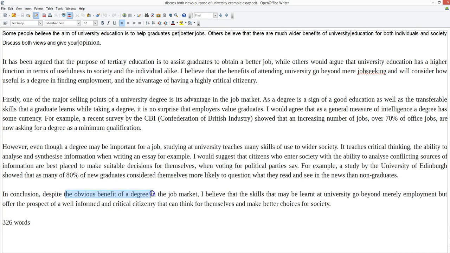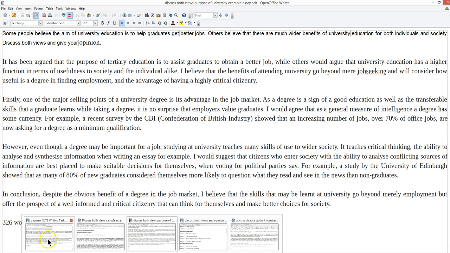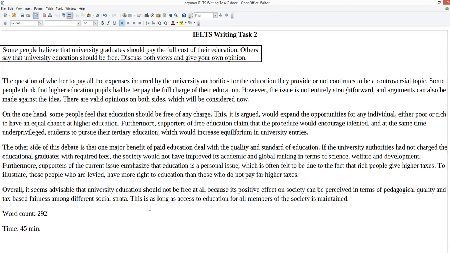Despite the obvious benefit in the job market, well-informed and critical citizenry, critical thinking, highly critical. Yeah, so this is why having the outline sentence is very important for high-scoring essays. So there's no clear example. It basically says the same thing twice, and it's not signposted in the introduction.